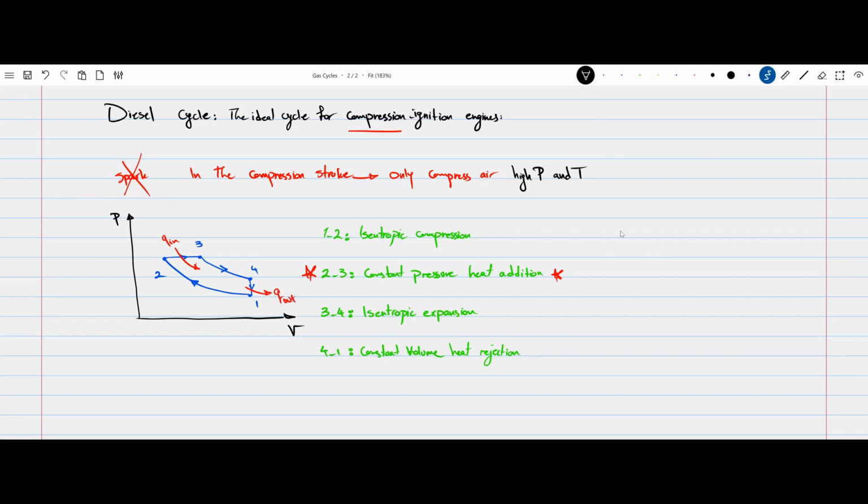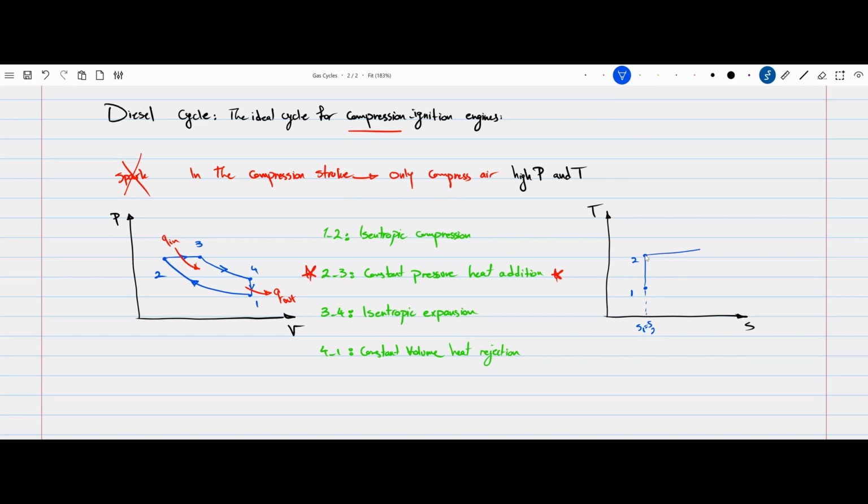I'm going to show the TS diagram here as well before we start dealing with the equations. So the TS diagram, again, is very, very similar to the Otto cycle. We start from 1 to 2, an isentropic process. So keep in mind S1 is equal to S2.